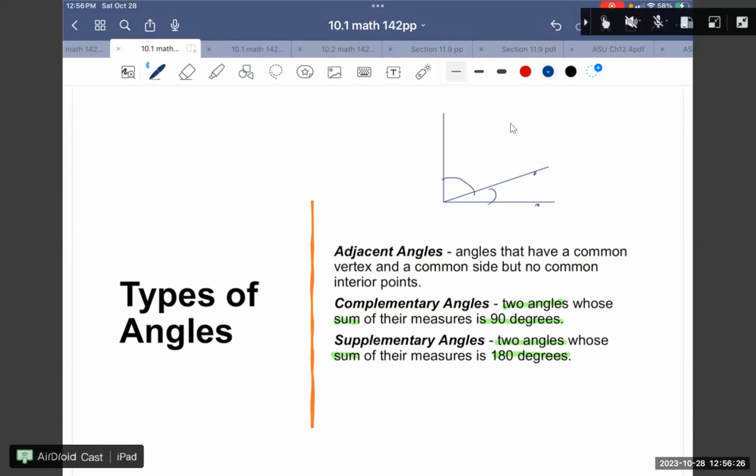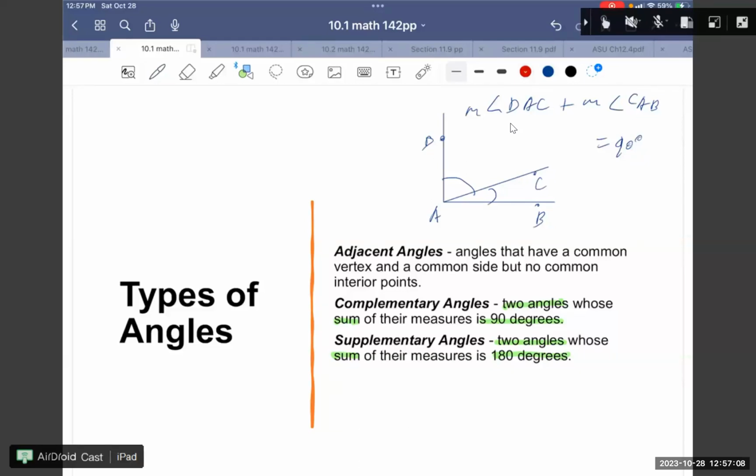So I can say this one is A, B, C, and D. So you see that's angle D, A, C, the measure of angle DAC plus the measure of angle CAB. This one should be 90 degrees.